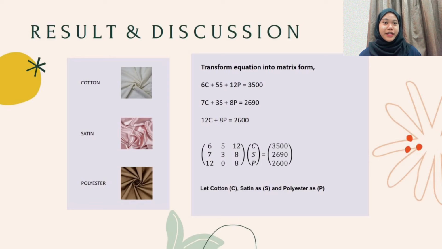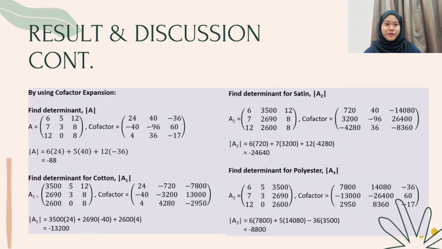Based on the question given, the explanation for the results is: firstly, represent cotton as C, satin as S, and polyester as P as coefficients in this equation. Then, transform the equation into matrix form, which is 3 times 3 form.